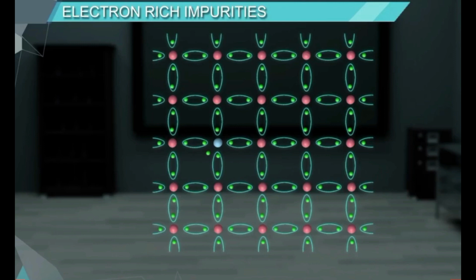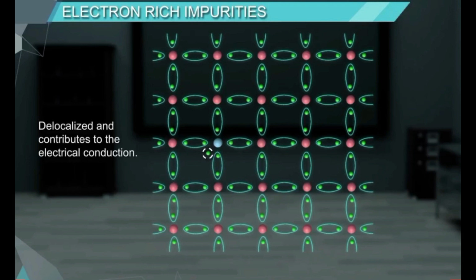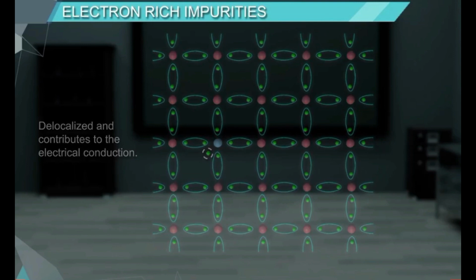The group 15 elements have 5 valence electrons. After forming the 4 covalent bonds with silicon, one excess electron is left on them. Since this electron is not involved in bonding, it becomes delocalized and contributes to the electrical conduction.